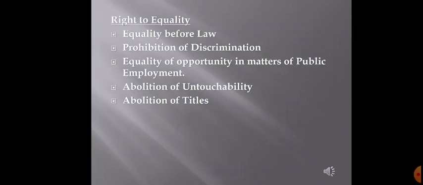Our second point describes the prohibition of discrimination. The Constitution prohibits the state from discriminating against any citizen on grounds only of religion, race, caste, sex, place of birth or any of them. No citizen shall be denied access to shops, public restaurants, hotels and places of public entertainment.